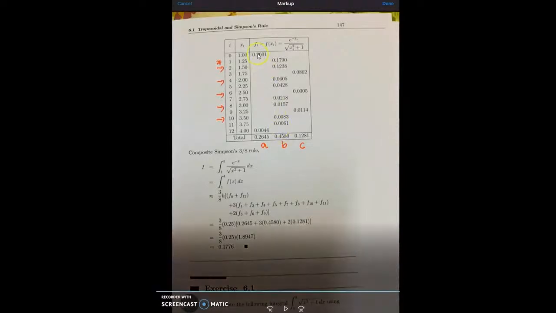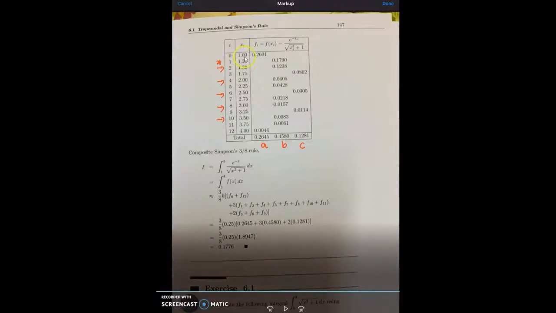A is F0 plus F12. B is F1 plus F2 plus F4 plus F5 plus F7 plus F8 plus F10 plus F11. And C is the multiple of 3, or coefficient of 3, or factor of 3: F3 plus F6 plus F9. Make sure it is set in your mind.